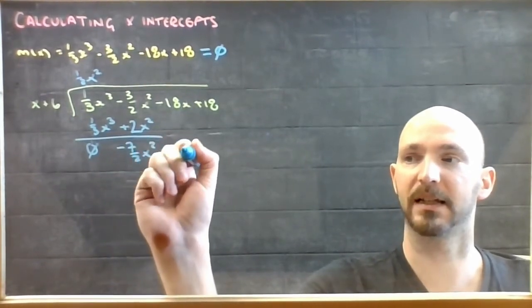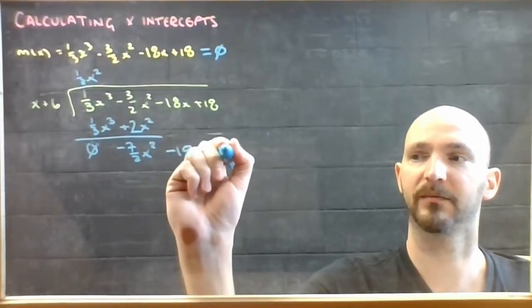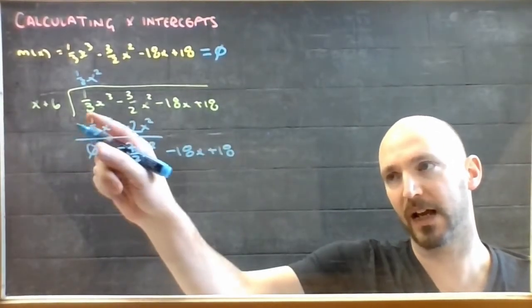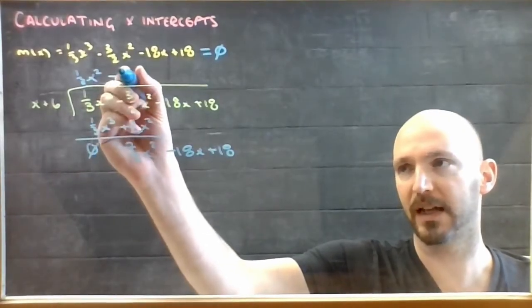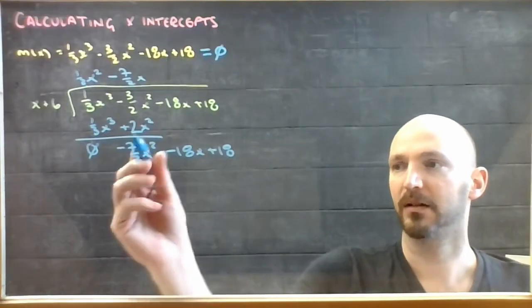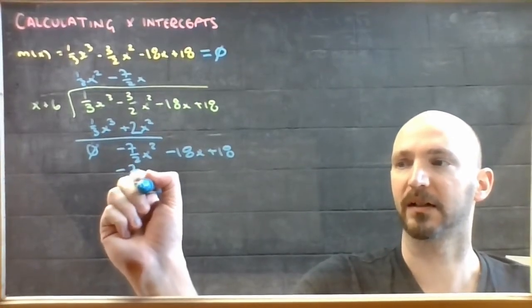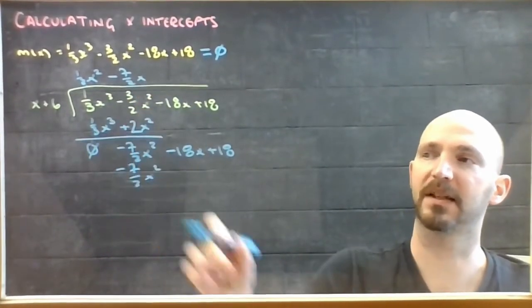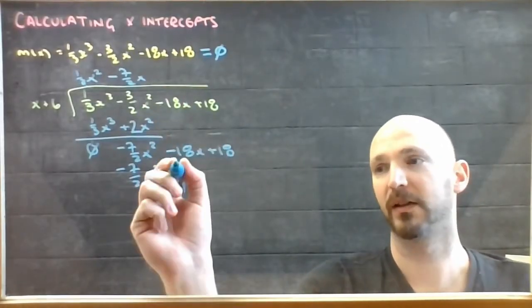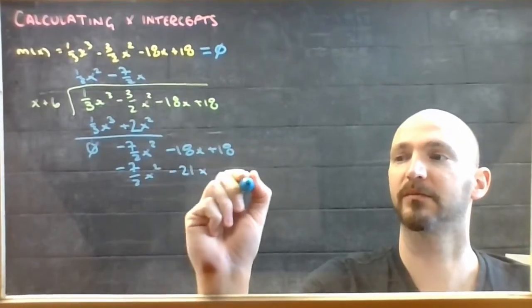And then these things I haven't dealt with yet. So I'm going to need a negative 7/2 from this. That means I'll need a negative 7/2 x. Give me negative 7/2 x squared. Half of 6 is 3, and 3 times 7 is 21. That's negative 21x.